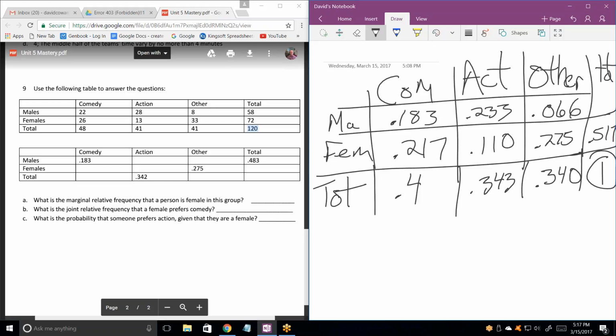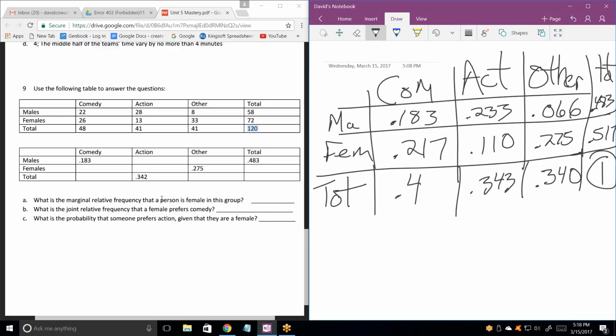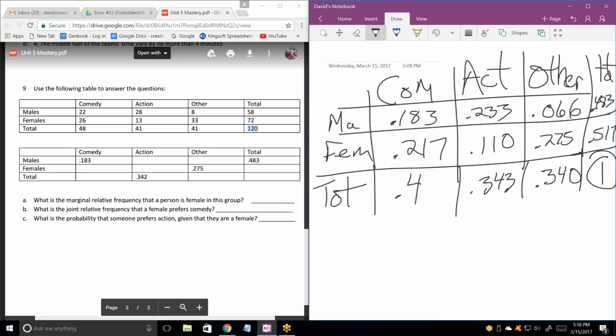You know how I knew? Because it's the complement of 0.483. In other words, 0.483 and whatever that number was have to add to 1. So I took 1 minus 0.483 to come up with 0.517. Now, what's the marginal relative frequency that a person is female? It's 51.7%.